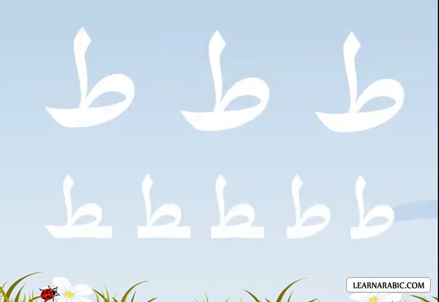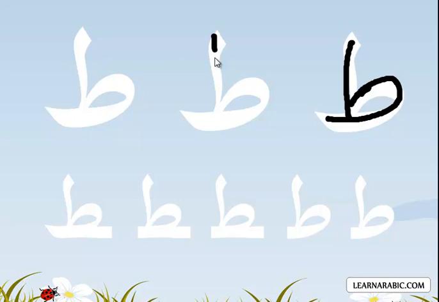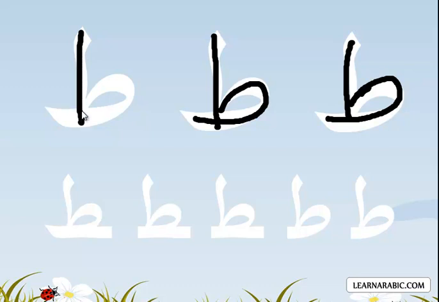Next we have the letter Ta, and this is one of those letters which retains its shape no matter where it appears. So you can see a downward stroke and then a loop like this beneath and back again.